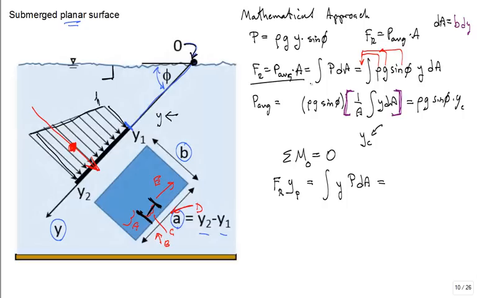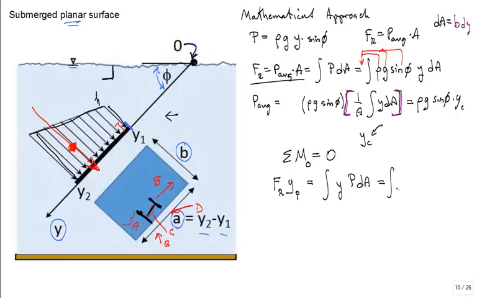A lot of students leave out the y, but that's critical to calculating the moment. And notice that each one of these little chunks is perpendicular to that distance. It's a planar problem, straight along axis y. All right, so what is P?